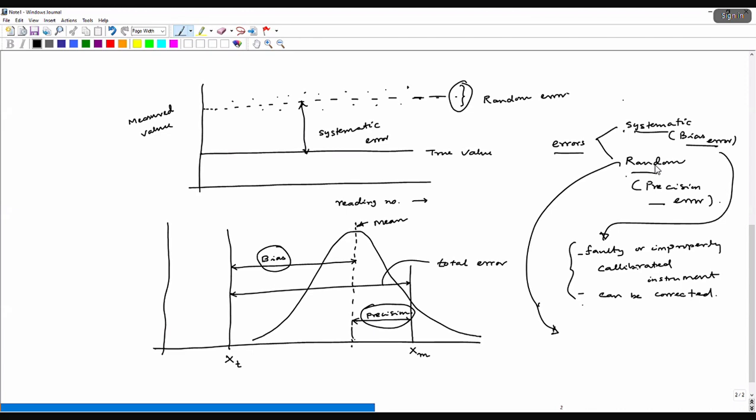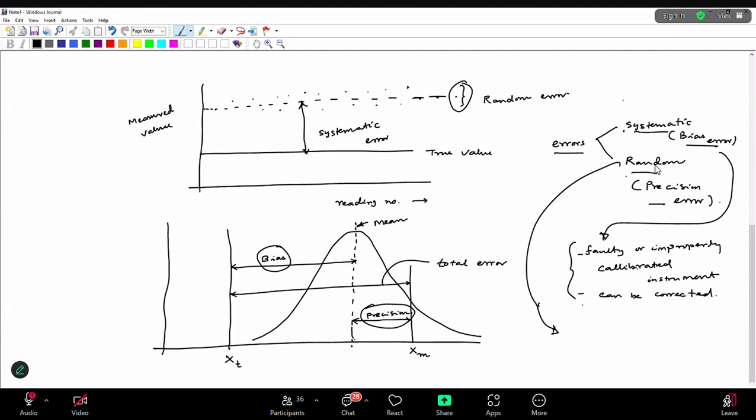Or somebody is working somewhere in the building and there is vibration, which is affecting your measurement. In real-life scenarios, the disturbances are plenty, and these can really affect your measurement, and the consequence is in terms of the random error.